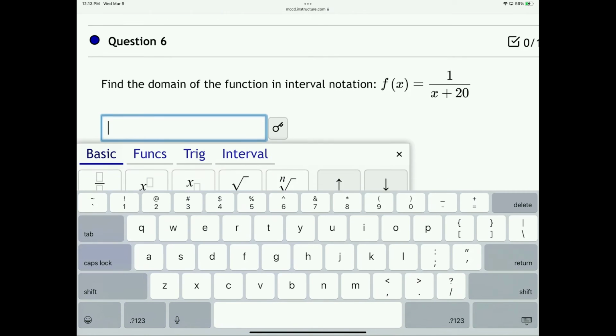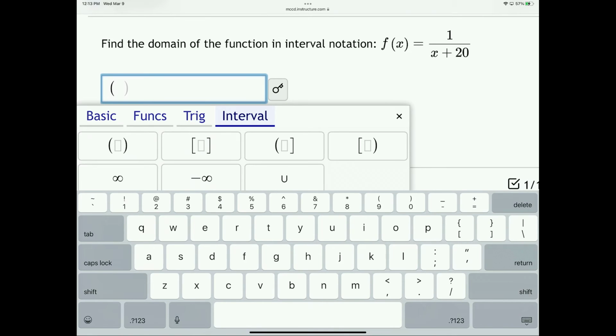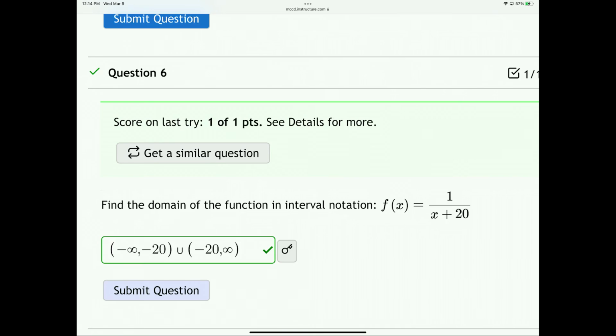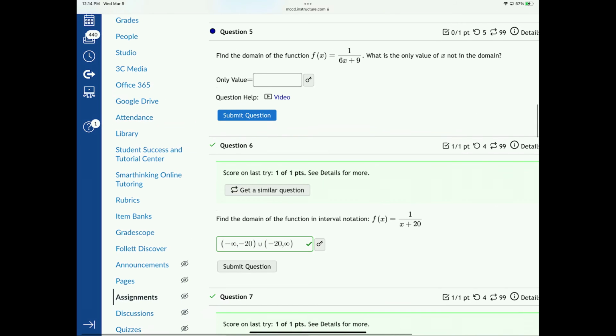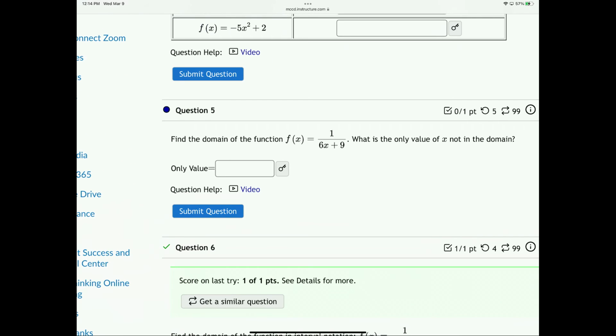And then you can just write your intervals: negative infinity, negative 20, close, union symbol, negative 20, positive infinity, right? You can just eyeball that. You don't need to do any math and get it right away. So those aren't so bad, right? The fractions, this one you'll have to solve by hand. It's not that hard. And that's it for the fractions.